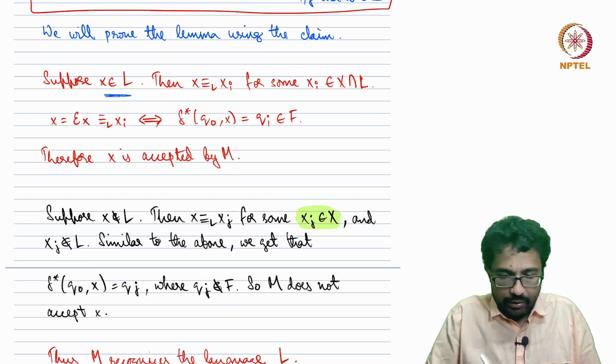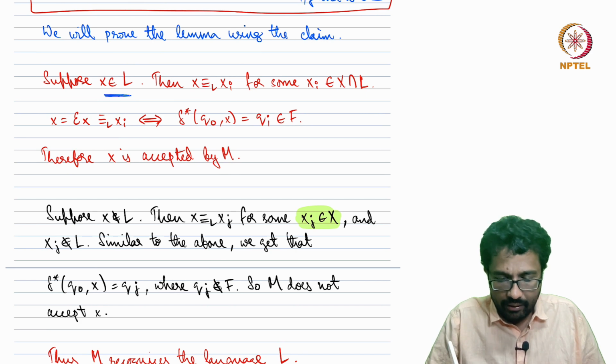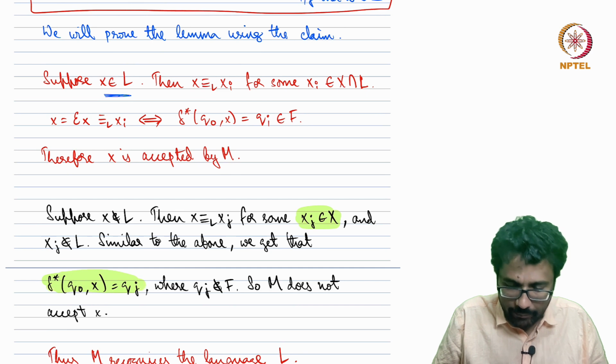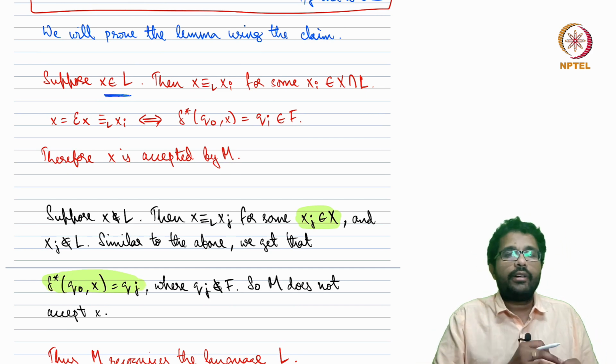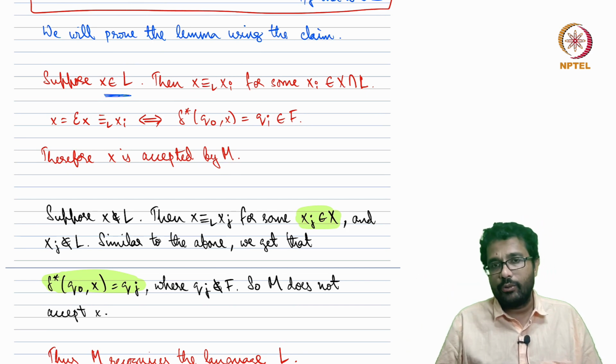Similar to above, we can do the exact same thing. X is equal to empty string X, etc. We will get that, using the claim, delta star Q0 X is equal to Qj, meaning upon reading the string X from the starting state, the DFA ends at Qj.